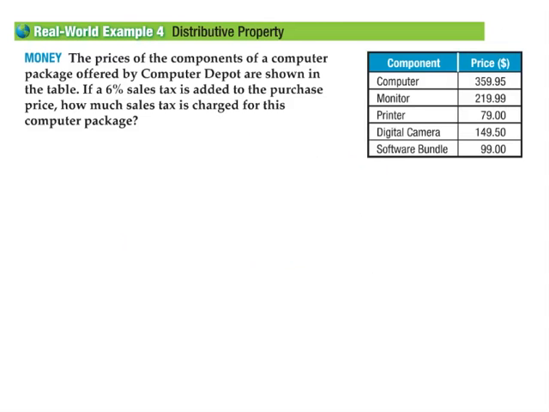Okay, last thing, we're going to look at some story problems. It says the prices of the components of a computer package offered by Computer Depot are shown in the table. If a 6% sales tax is added to the purchase price, how much sales tax is charged for this computer package? What do you do? Add them all together, and then I'm going to show you a little trick that'll even work better than that.